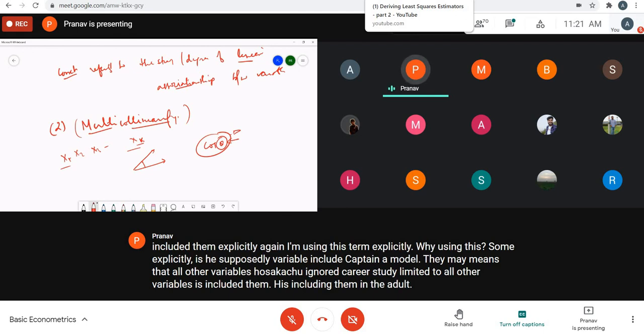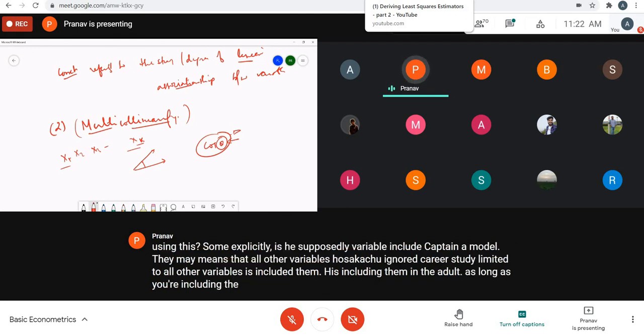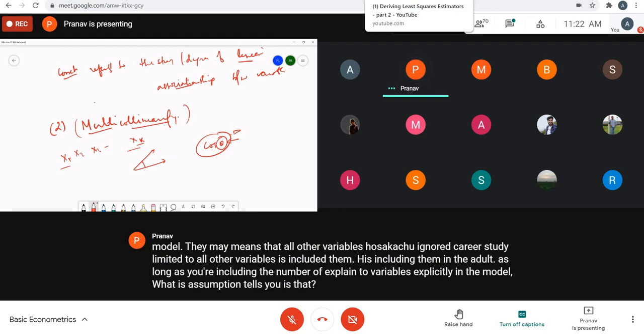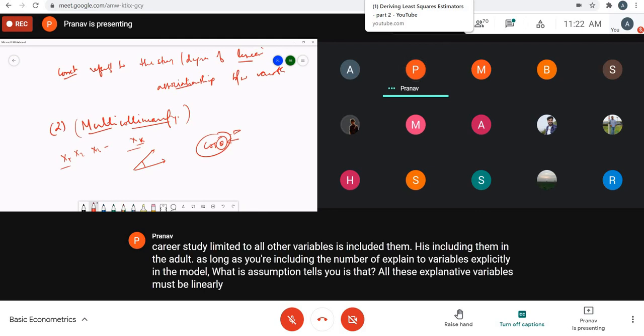So as long as you are including the number of explanatory variables explicitly in the model, what this assumption tells you is that all these explanatory variables must be linearly independent of each other. That is, they should not be collinear.